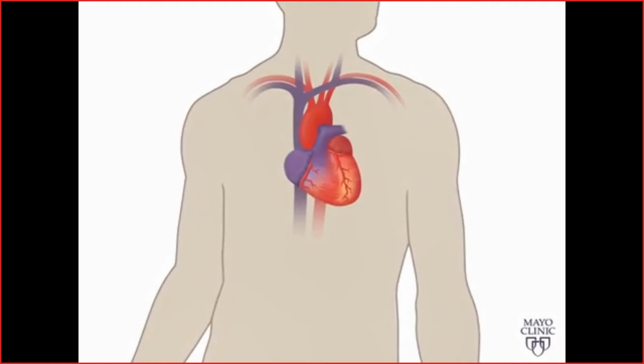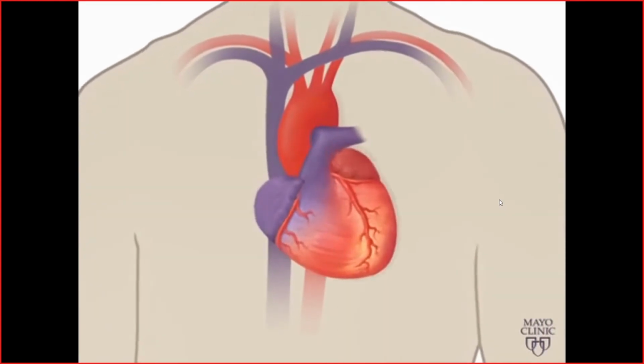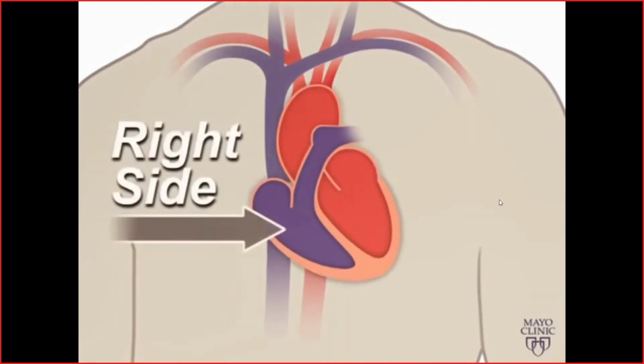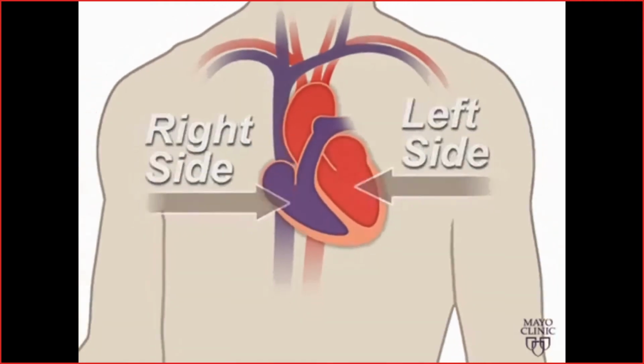So myocardium means the muscles of the heart. Since our heart is a muscle, it pumps the blood around our body, so it moves. As you can see here, it keeps moving during our life, and it stops after death.